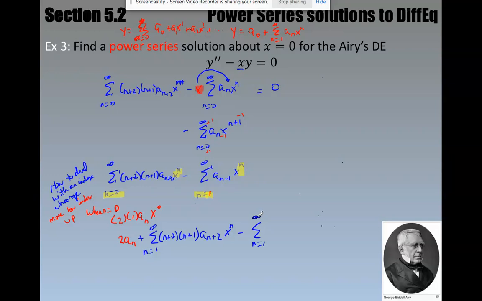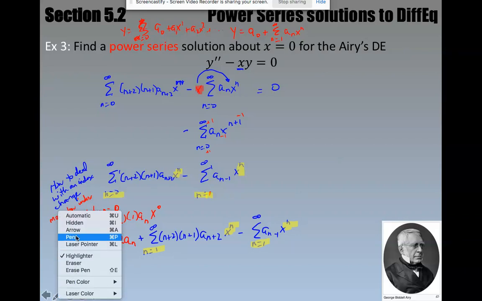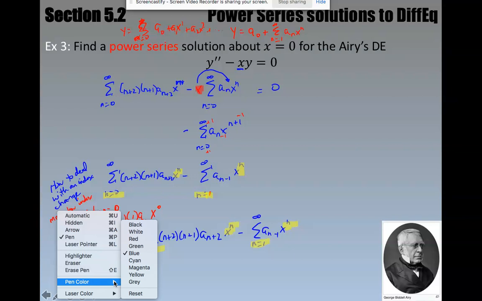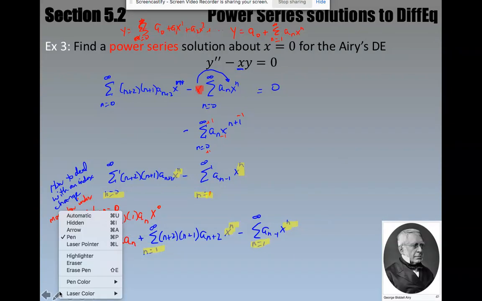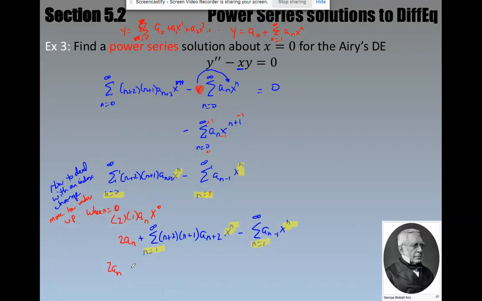And now I have matching indexes and matching powers on x. Now I can go about my business, just not forgetting that you have this extra term out here, 2 times a sub 1, plus the summation with an x to the n, starting at n equal to 1. I kind of dropped my equal to 1 going along.